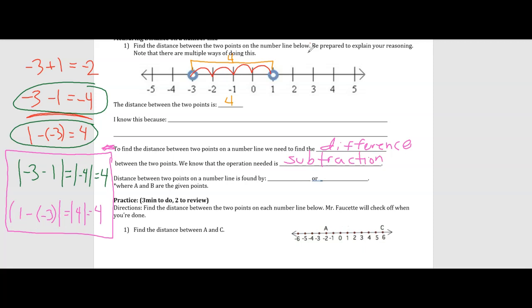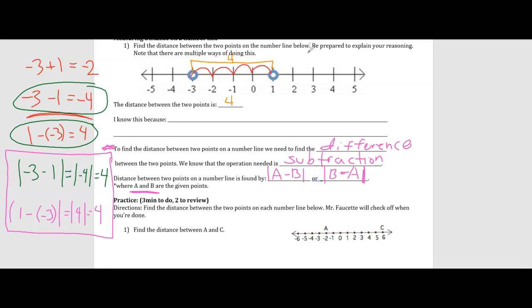So the distance between 2 points on a number line is found by blank or blank. And we're going to assume that A and B are the given points. So we can either do the absolute value of A minus B, or we can do the absolute value of B minus A, right?